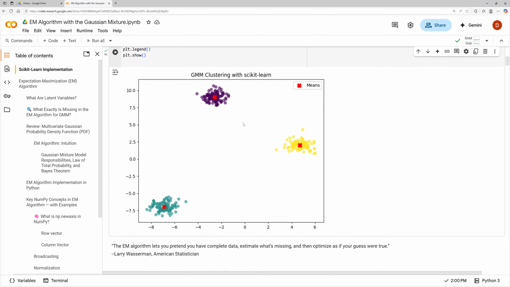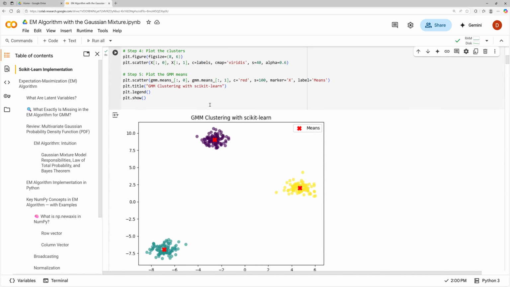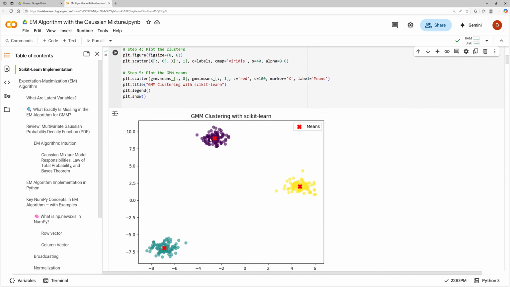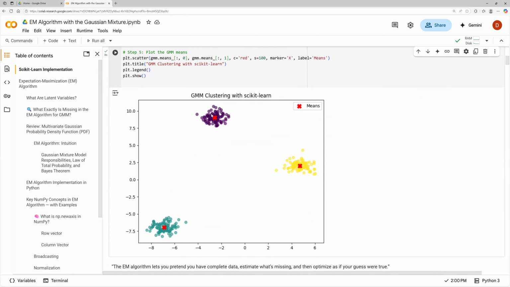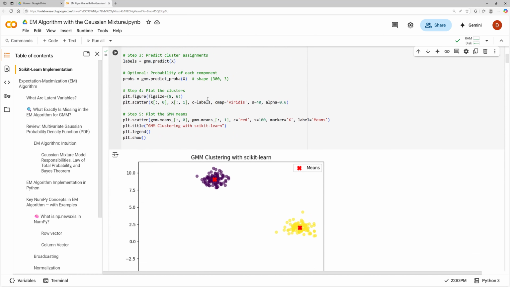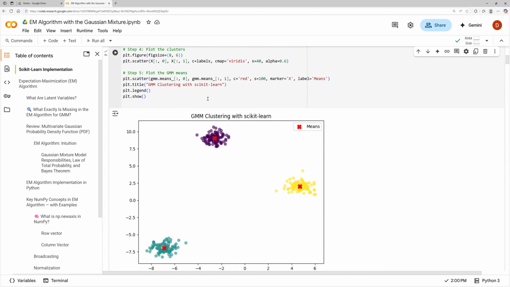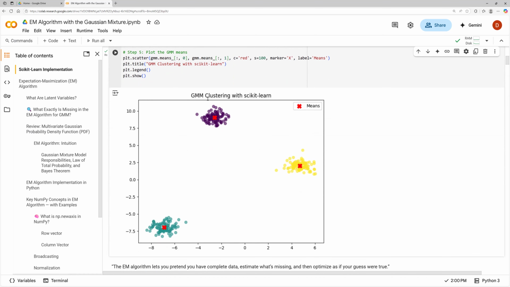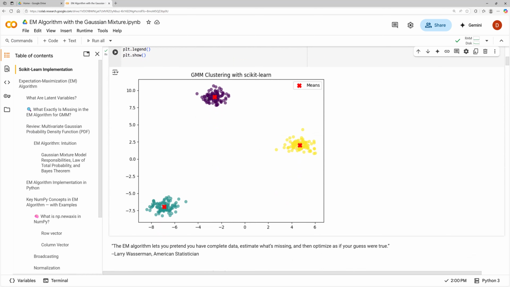But we'll be going through that. So this is a nice implementation and it's quick. It doesn't show the mechanics or the machinery behind the EM algorithm and the GMM, but this is what you would want, right? You wouldn't want to see every detail, especially if you just want to get to a solution.